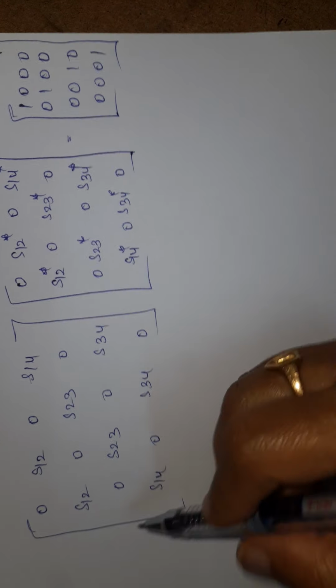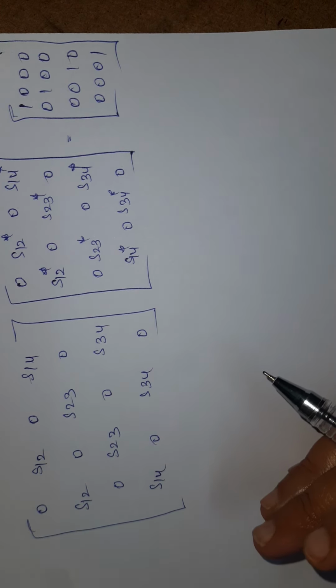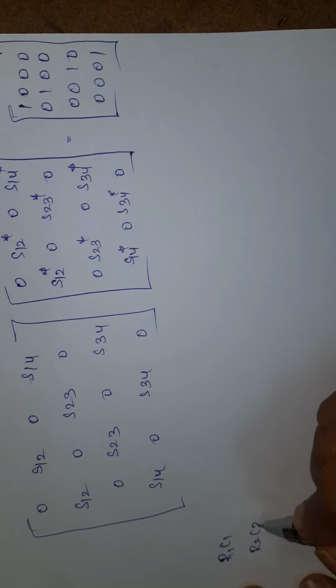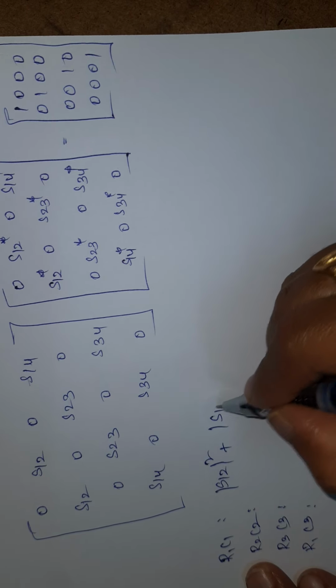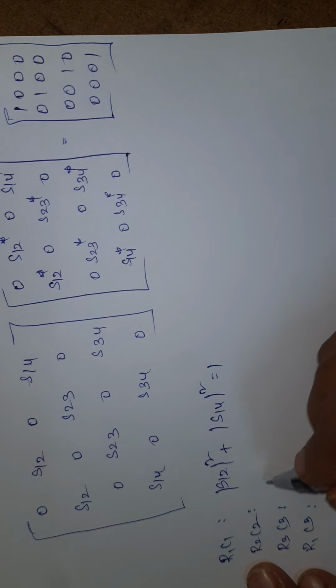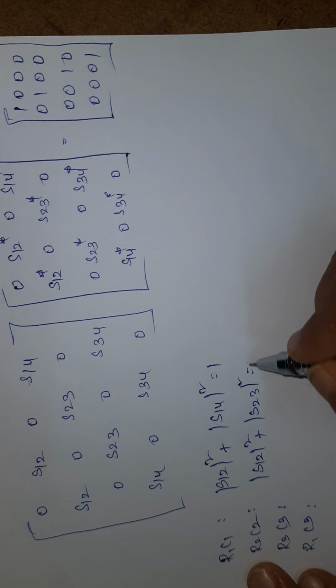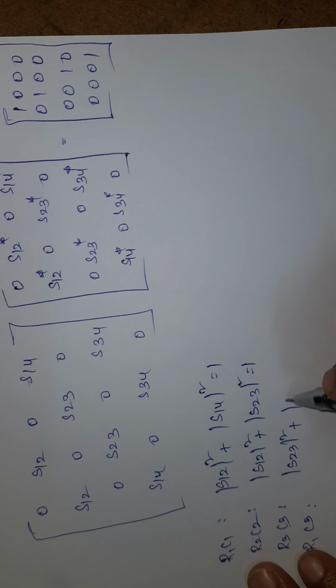Okay. Now the procedure is the same as what we did for the T matrix: H plane T, E plane T and magic T. The same process we have to do. R1 C1, R2 C2, R3 C3, R1 C3. So R1 C1 is S12 whole square plus S14 whole square is equal to 1. R2 C2: S12 whole square plus S23 whole square is equal to 1. R3 C3: S23 whole square plus S34 whole square equal to 1.